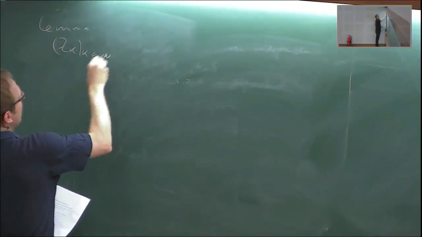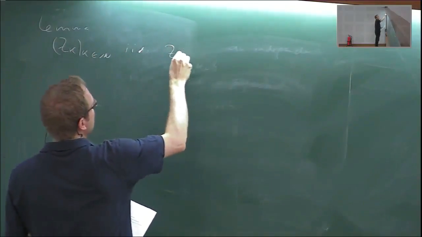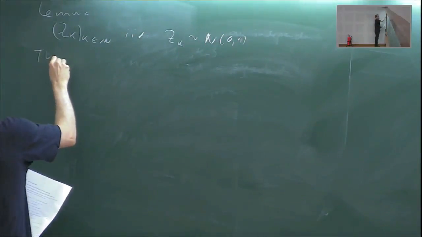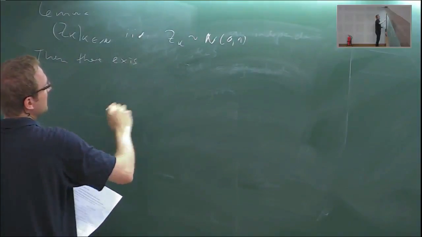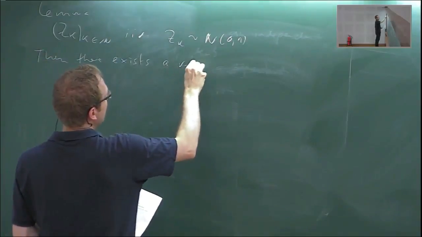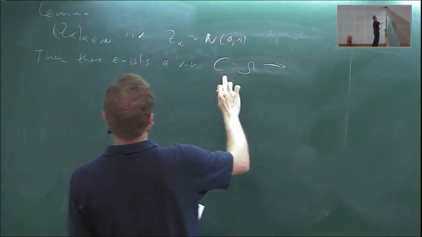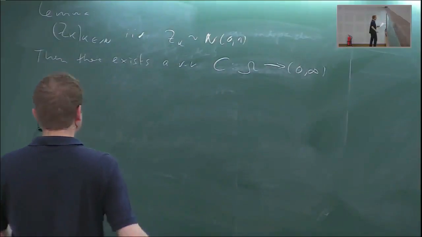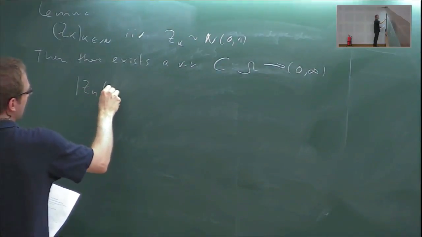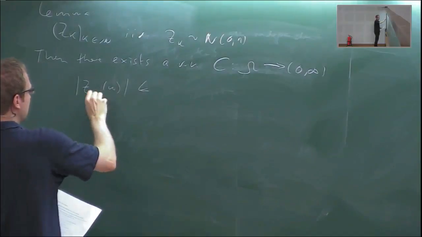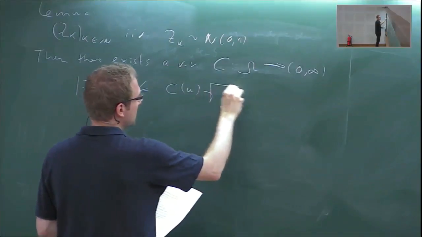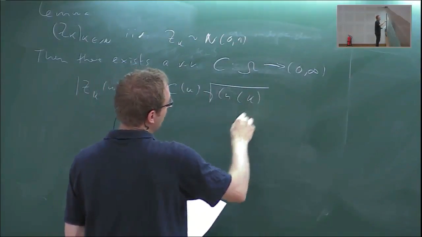If we have these zeta k's, IID and normally distributed, standard normal distributed, then there exists a random variable c from omega, on the same probability space as those, to (0, infinity), such that zeta k of omega is less or equal c of omega times the square root of the logarithm of k.